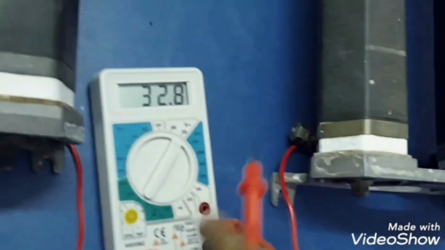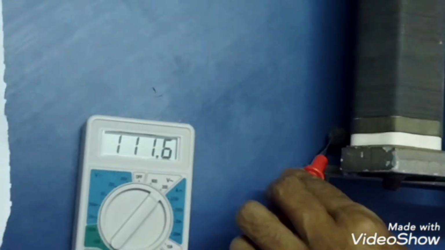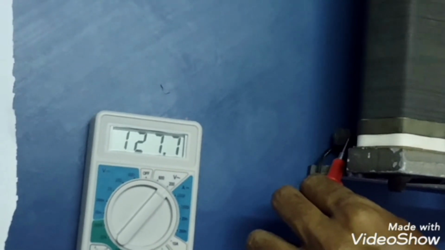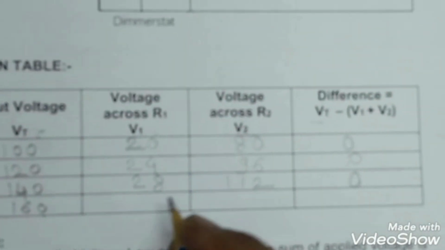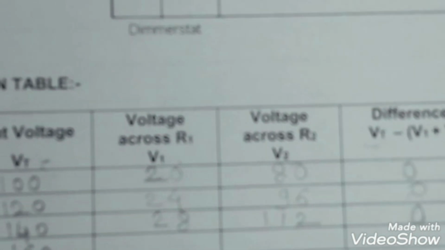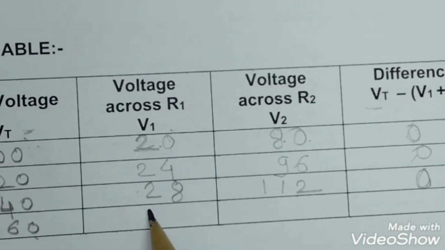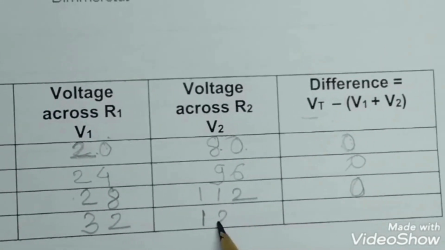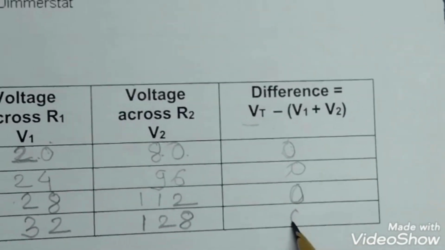We will take 32, and this is 128. V1 is 32, V2 is 128. Difference is 0.